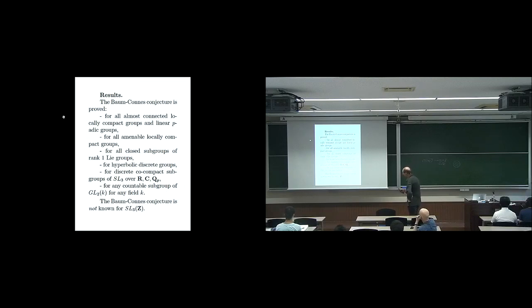The important thing is that the Baum-Connes conjecture is proved for all almost connected locally compact groups, amenable locally compact groups, closed subgroups of rank 1 Lie groups, hyperbolic discrete groups, discrete cocompact subgroups of certain SL3 groups, countable subgroups of GL2(K) for any field K. But even for the group SL3(Z), the Baum-Connes conjecture is not known until now.